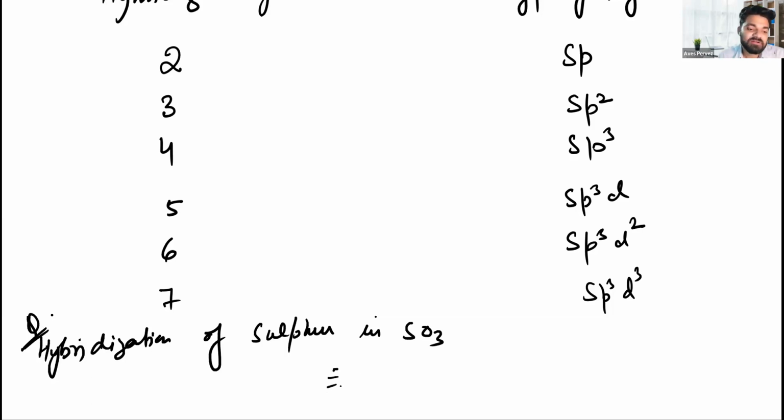How many valence electrons are there in the outermost shell of sulfur? 6. Is there any monovalent atom? No, oxygen is divalent. There is no monovalent atom.